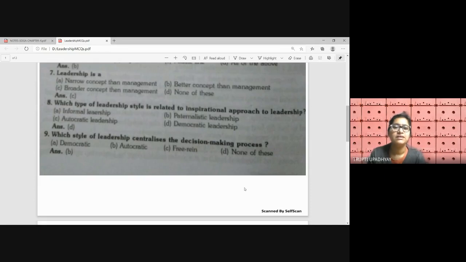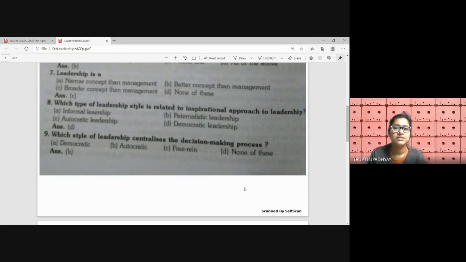It means a democratic leadership style is being practiced by the leader. So he is an influencer, or inspirational as well. So the style related to the inspirational approach is called democratic leadership. The next question. Which style of leadership centralizes the decision making process?